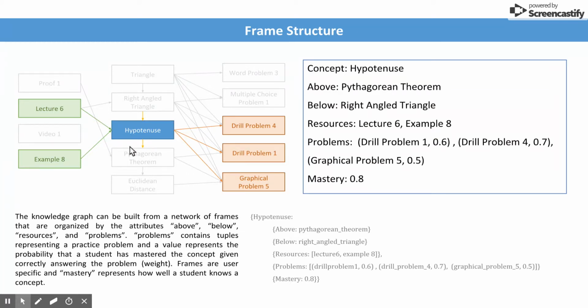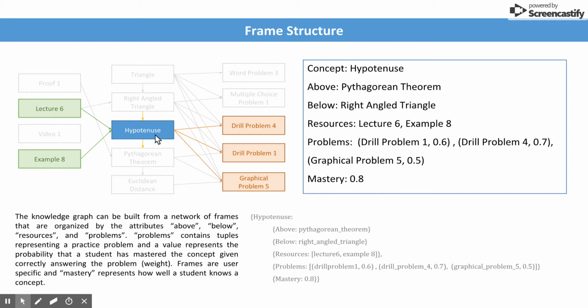If we just isolate the hypotenuse, it can be tested through drill problem 4, drill problem 1, and graphical problem 5. Answering these questions can give the application information about how well the user understands the hypotenuse. The hypotenuse can also be learned about from lecture 6 and example 8.